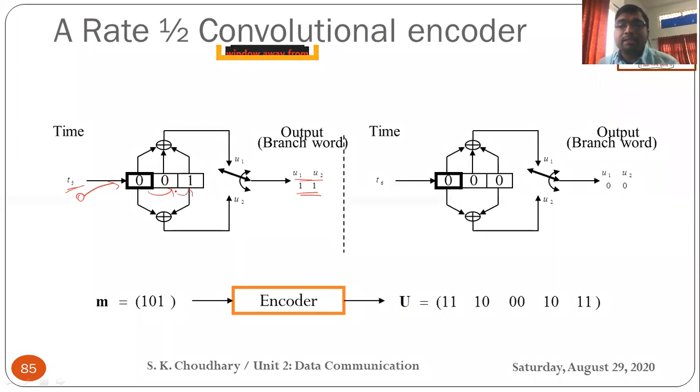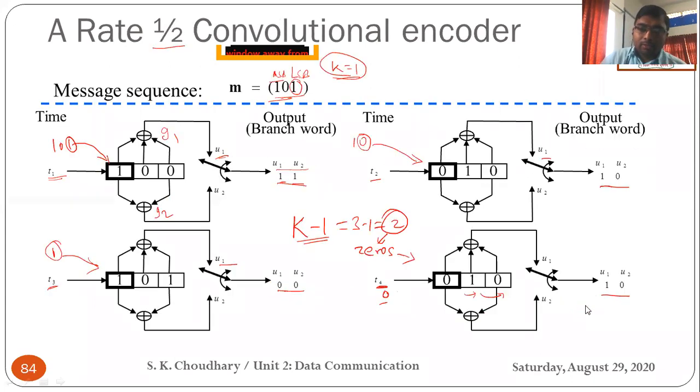Now this shift register is ready for a new input bit stream. So what would be the output of this encoding? For a stream of data 101, when it is passed through the convolutional encoder, it generates the output code word. First is 11, 10, 00, 10, and finally 11.